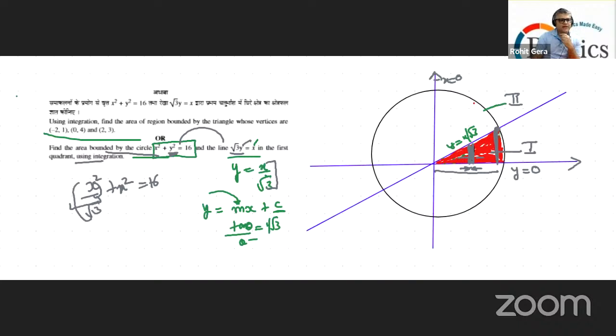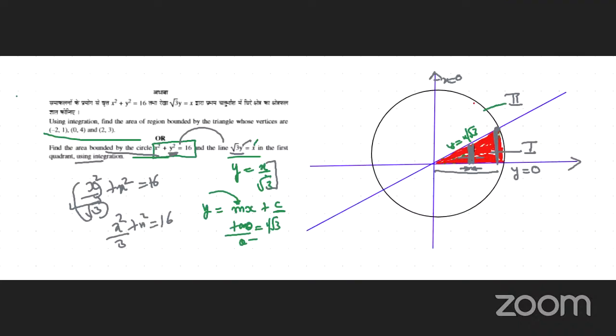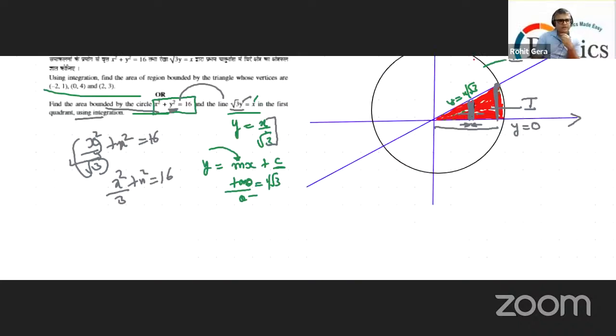So this is x square by 3 plus x square is equal to 16. So this is 4x square by 3 is equal to 16. So 4 4s are 16, x square is equal to 12. x is equal to 2 root 3, right?